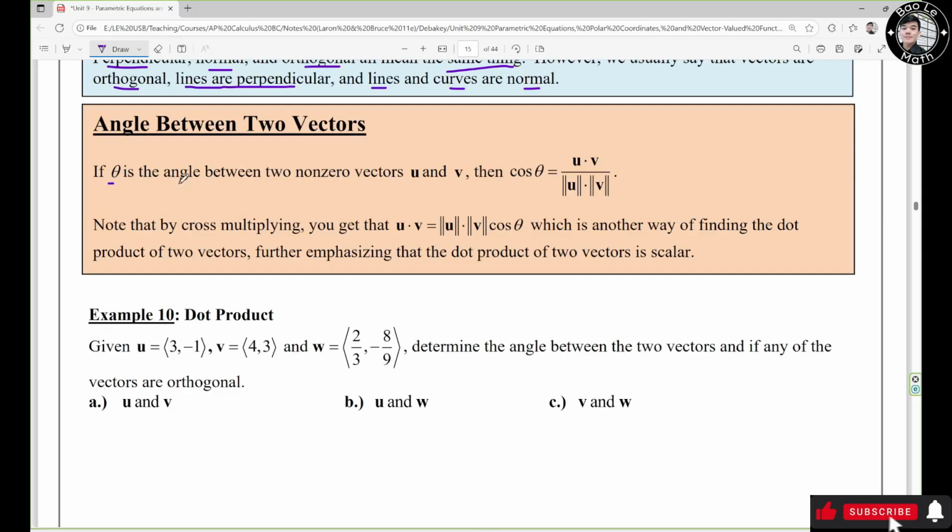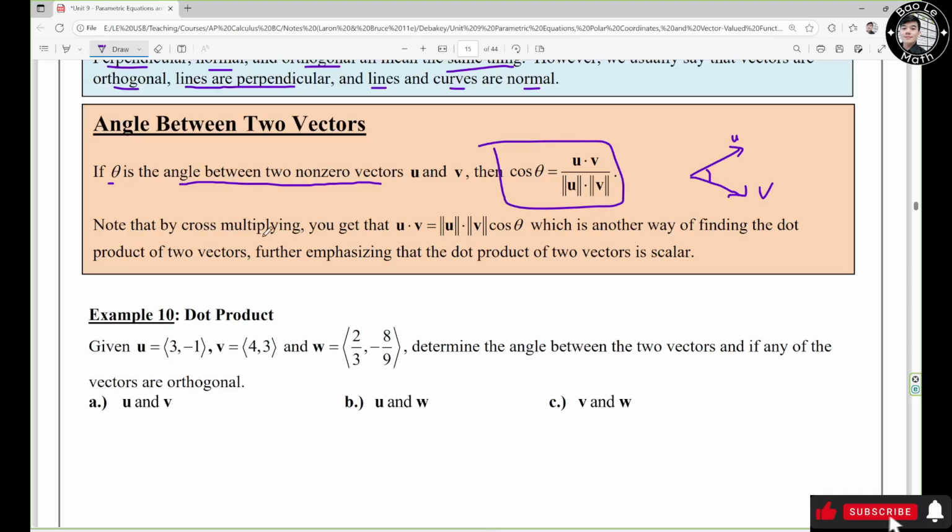Now, the angle between two vectors. If theta is the angle between two non-zero vectors u and v, right? So for example, I have vector u right here and vector v is right here. I need to calculate the angle between two vectors. Then cosine theta equals the dot product between the two vectors divided by the product of the two magnitudes of the vectors.